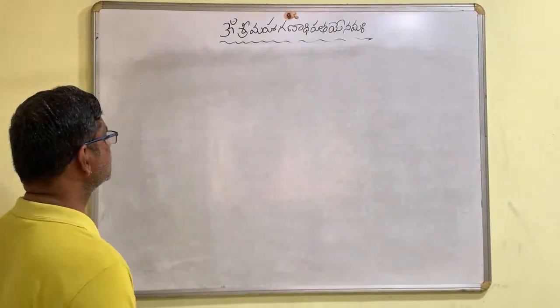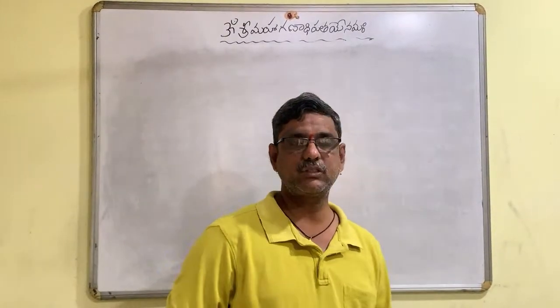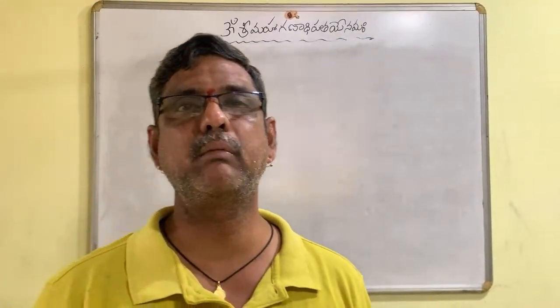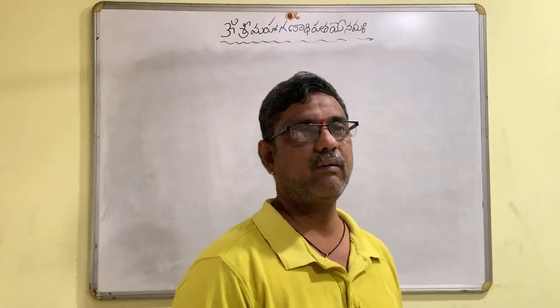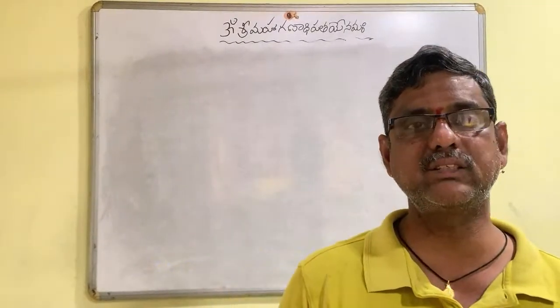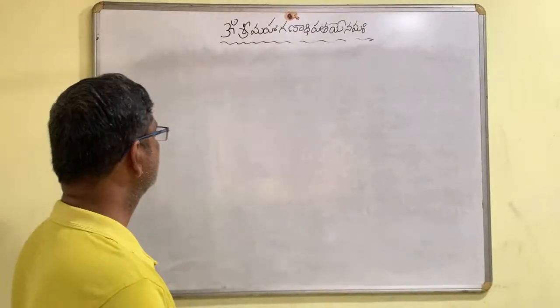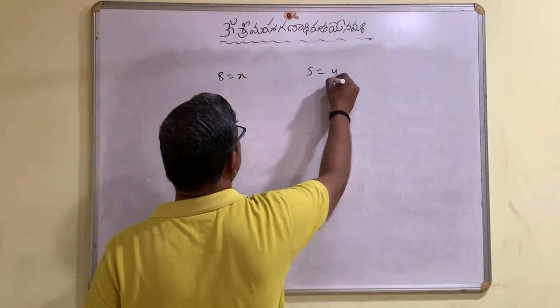Difference of two numbers. Since it is given difference of two numbers, that means what we have to understand, out of those two numbers, one number is greater, the other number is smaller. So let the bigger number be x and smaller number be y.